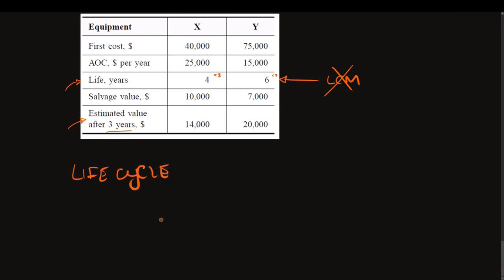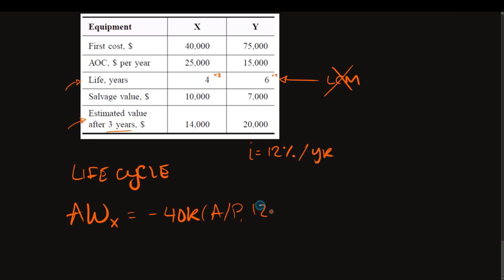then it would be AW, take the first one, right, is minus 40K, the upfront cost, A given P, right? And let's put an evaluation percentage in there. So we're going to go with I equals 12%, for 4 years.